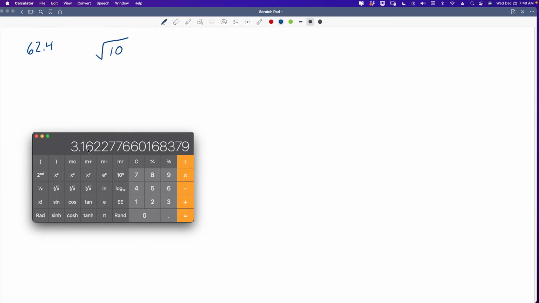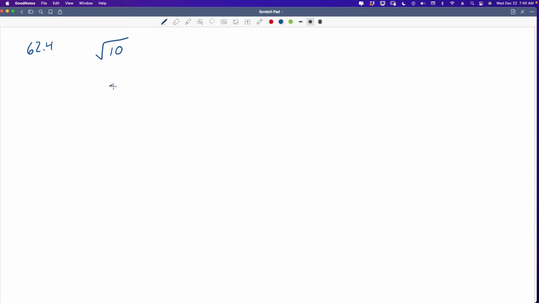So we know this is greater than 3. 3 is an integer. So 3 and 4, it's between those two. That was pretty easy. So the square root of 10 is between 3 and 4 because it's a 3 point something, something, something. That was pretty straightforward.